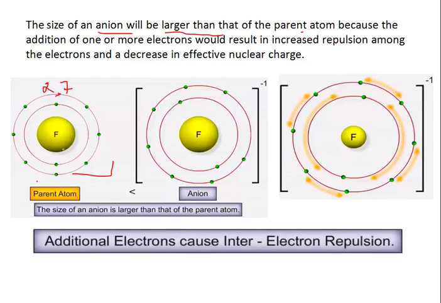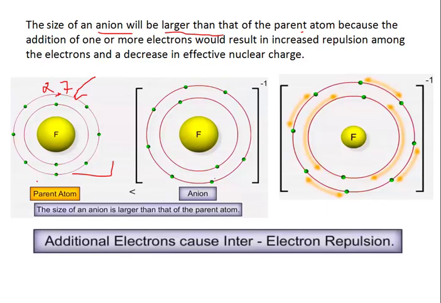Now this is parent atom of fluorine, and when it acquires that 1 electron, that electron has to enter in this shell. So when electron enters, there are now 2 and 8 electrons. So the outer shell contains 8 electrons, but the size expands.